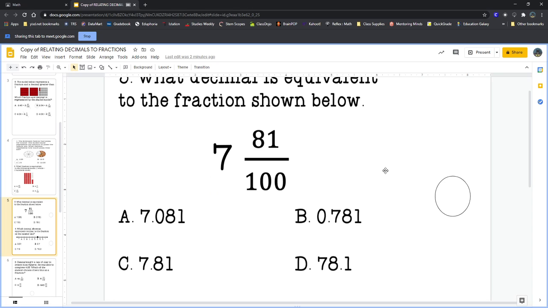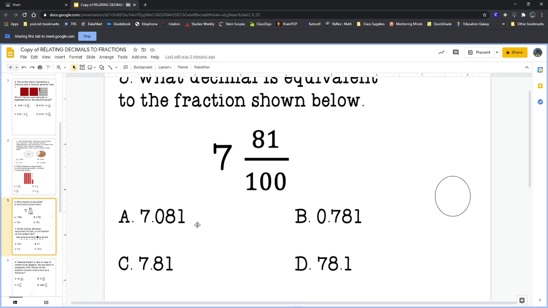If you have a whole number sitting in front of the fraction, that whole number needs to be in front of the decimal. Any number in front of the fraction needs to be in front of the decimal. If I know that, there are 2 answer choices I can get rid of, because if I look in front of my decimal, it doesn't have a 7. What 2 answer choices can I get rid of because they don't have a 7 in front of the decimal? Ezekiel?